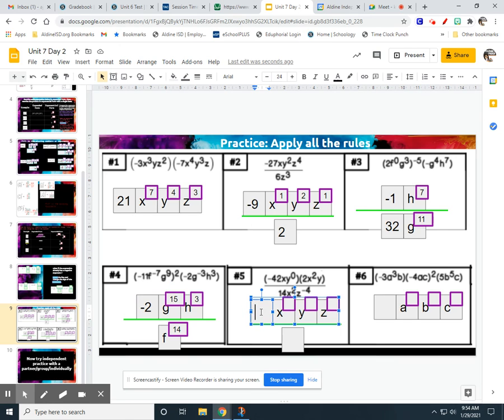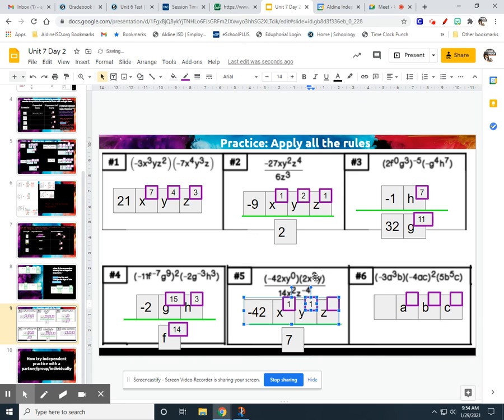So we're going to go back and put this as a negative 42. And then this is going to be 7 because we divided it by 2. Okay, x, and then this is going to be 3 because 1 plus 2 is 3, minus 2 is 1. Okay, the y is gone from this one, but I have a 1 over here.